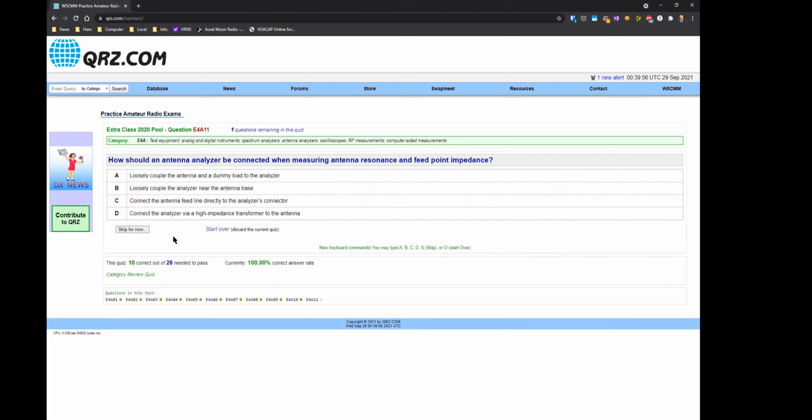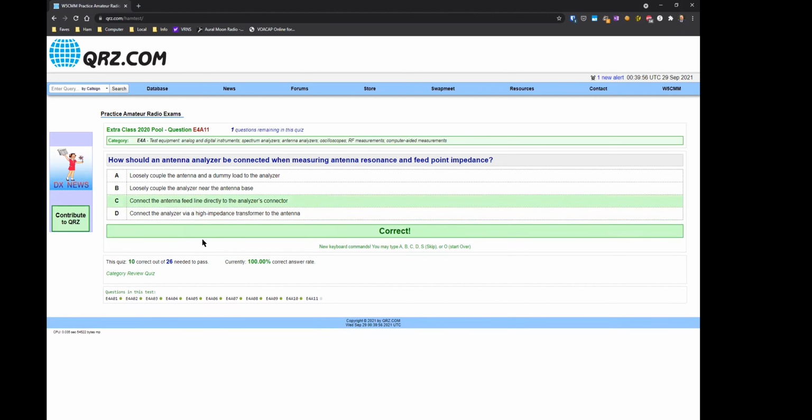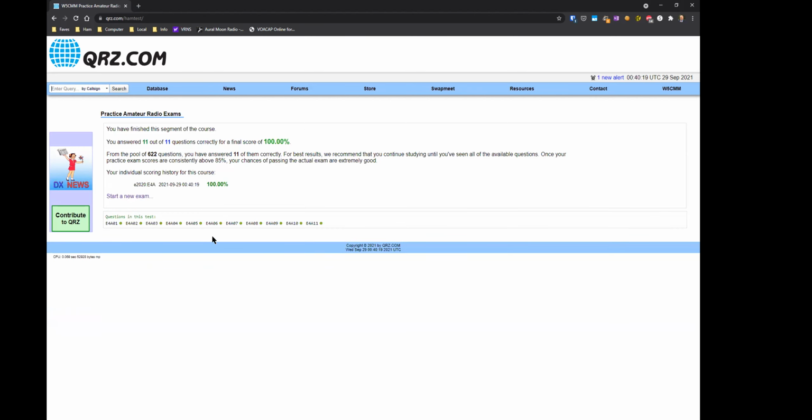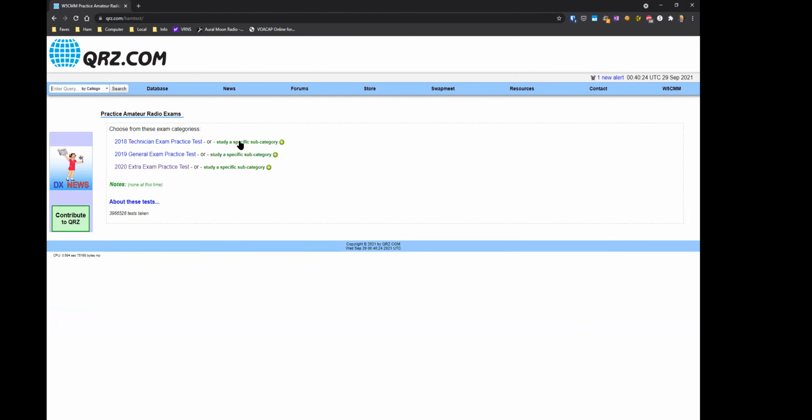How should an antenna analyzer be connected when measuring antenna resonance and feed point impedance? C, correct. It's going to be C. Okay, next section.